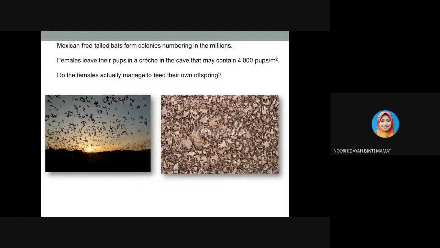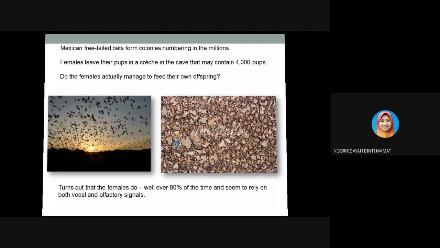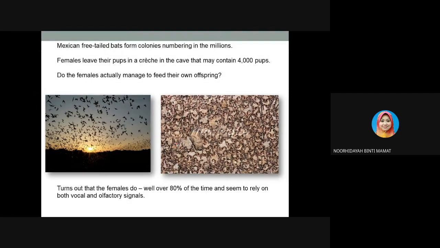The other example is the Mexican free-tailed bats, from colonies numbering in the millions, where the females leave their pups in a crèche in the cave that may contain 4,000 pups per square meter. So there are a lot. Do the females actually manage to feed their own offspring? It turned out that the females do.